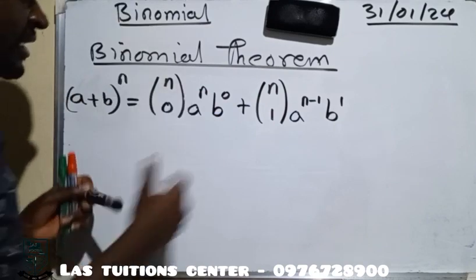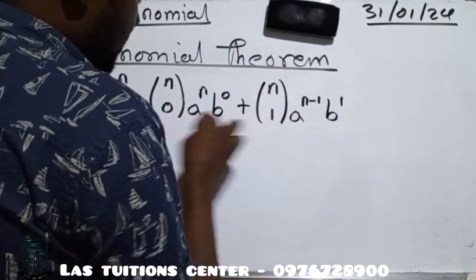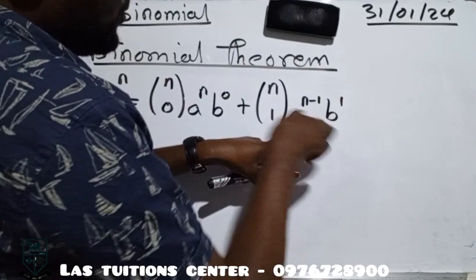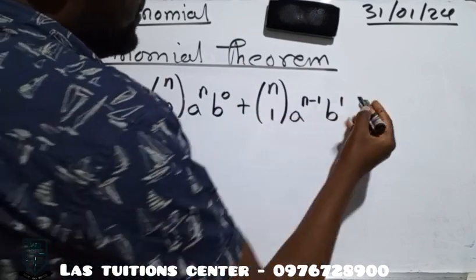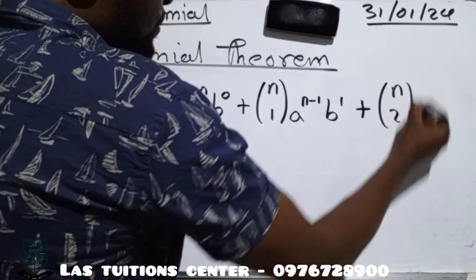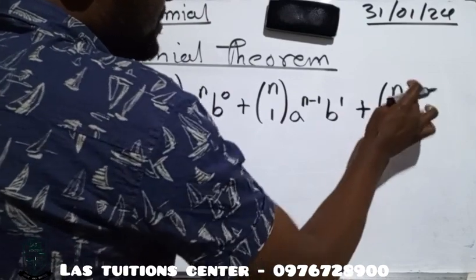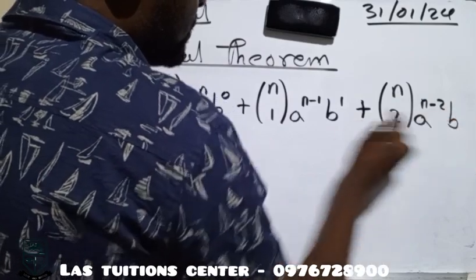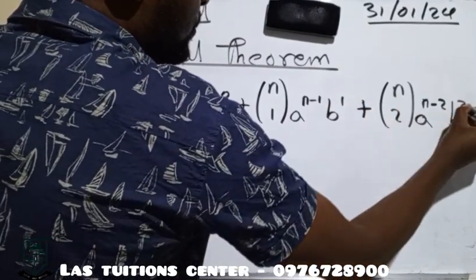For the next one, from 0 comes 1, so a will get n minus 1 and b will just get 1. Then we go to the next one, n choose 2. So a will have n minus 2, and b will have a 2, plus.